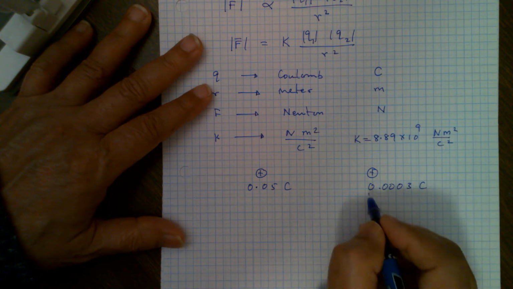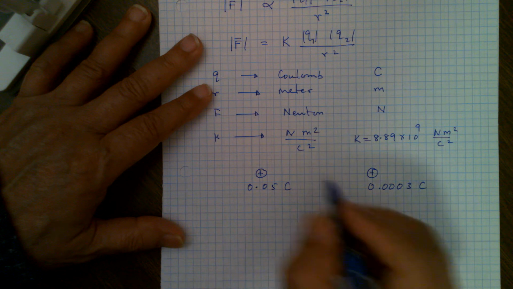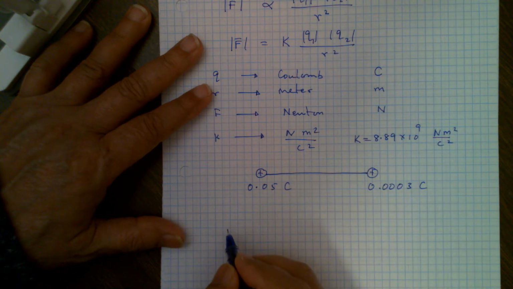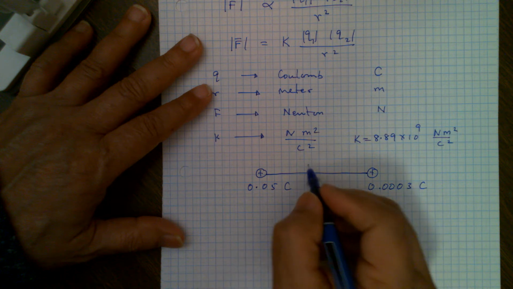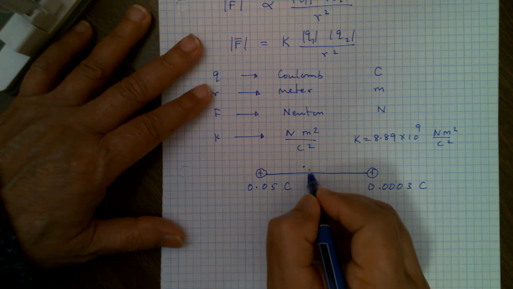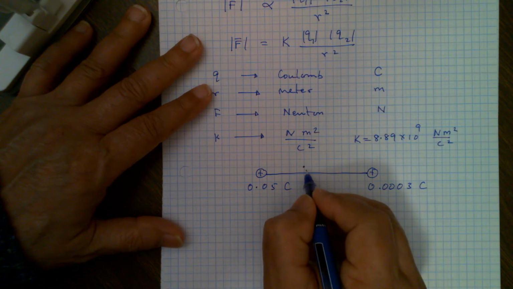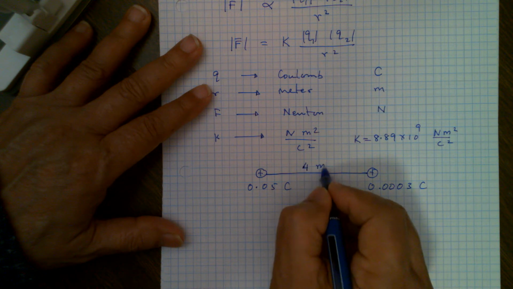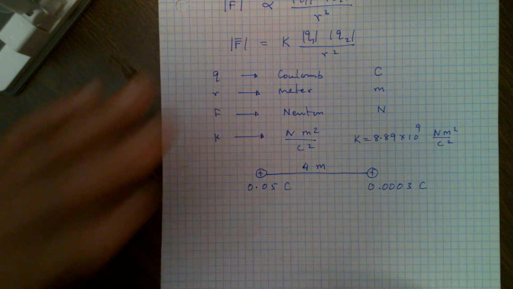I have a reason that I put all these zeros, so you will see in a second. The separation distance is, let's make it, 4 meters. Quite far, 4 meters.